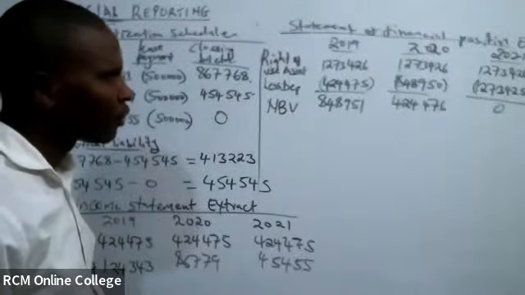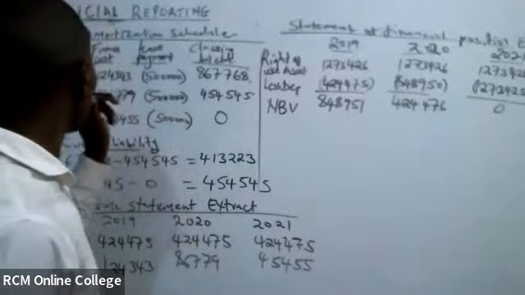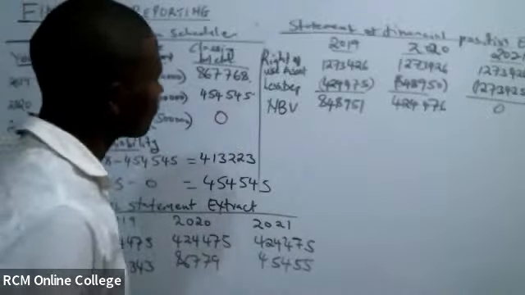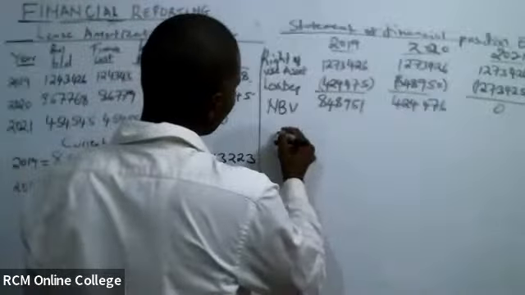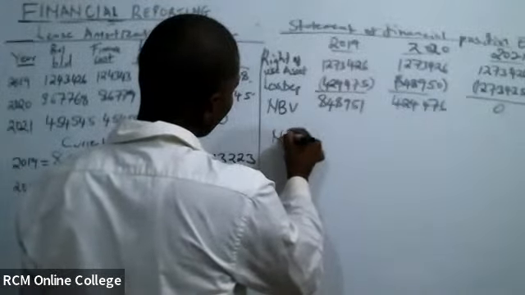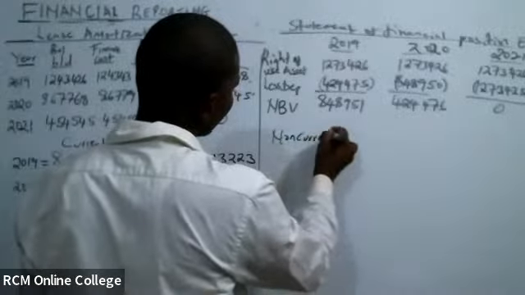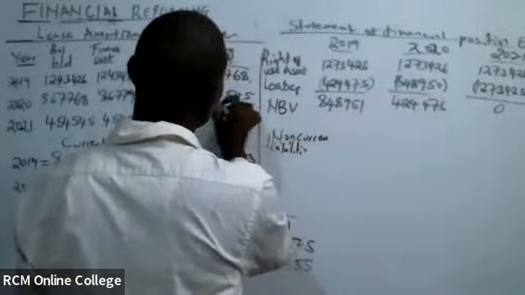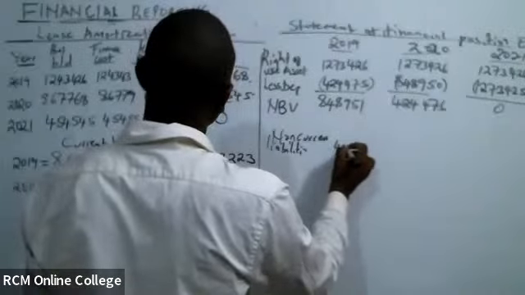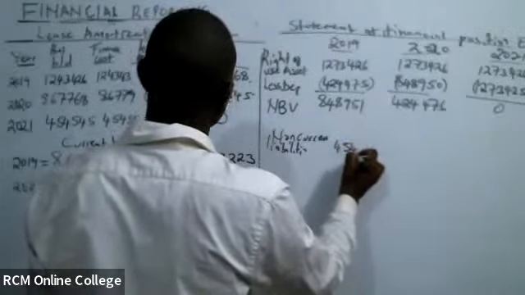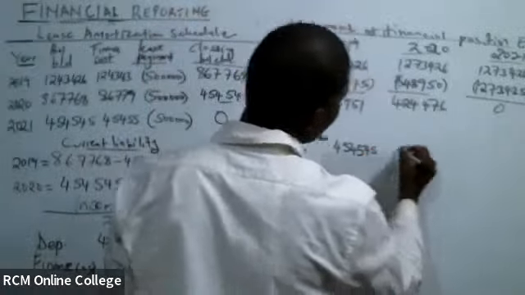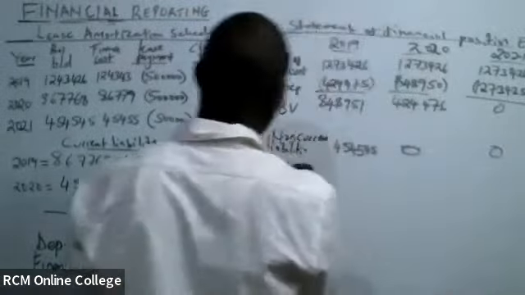Sasa hiyo ni side ya assets. Side ya liabilities, we know that we have our non-current liability. It is this one, 454,545. Hapa hakuna, hapa ni 0, hapa ni 0.